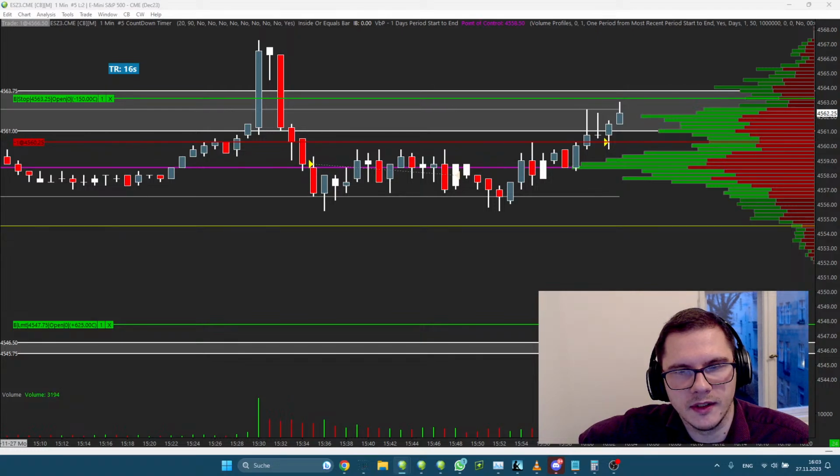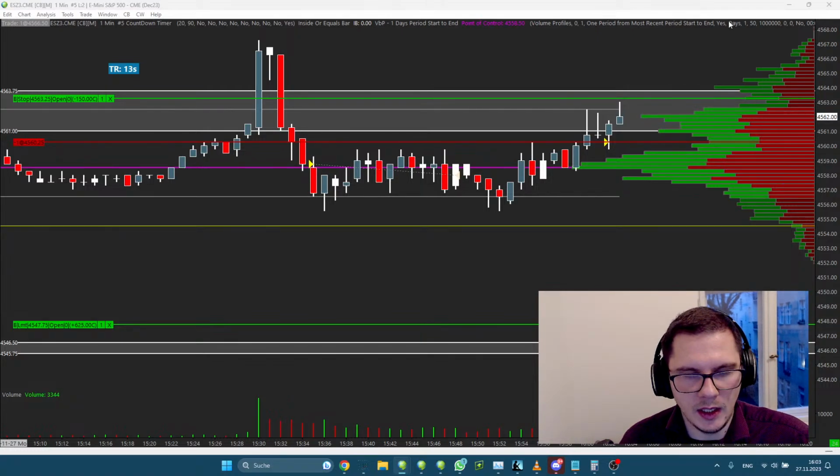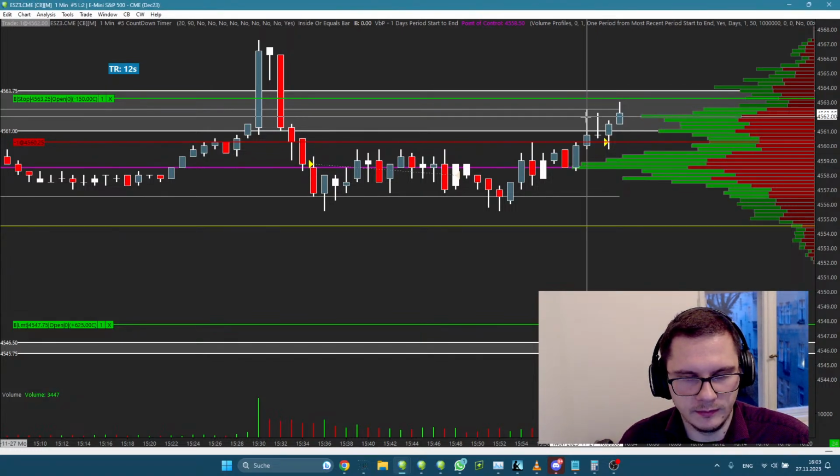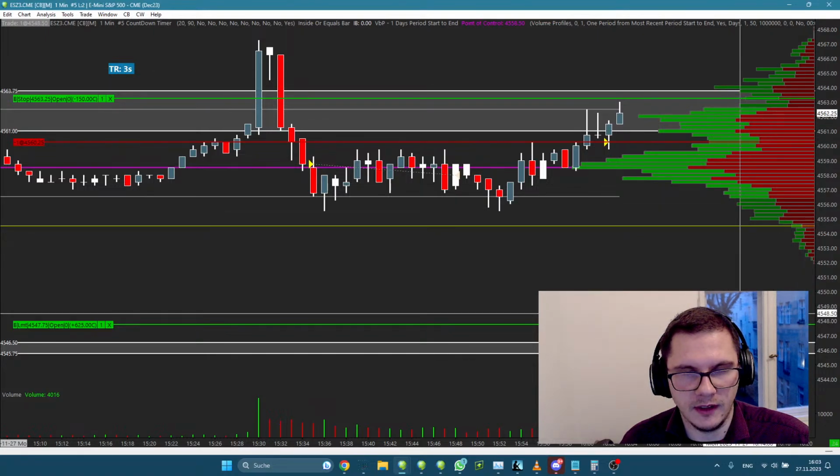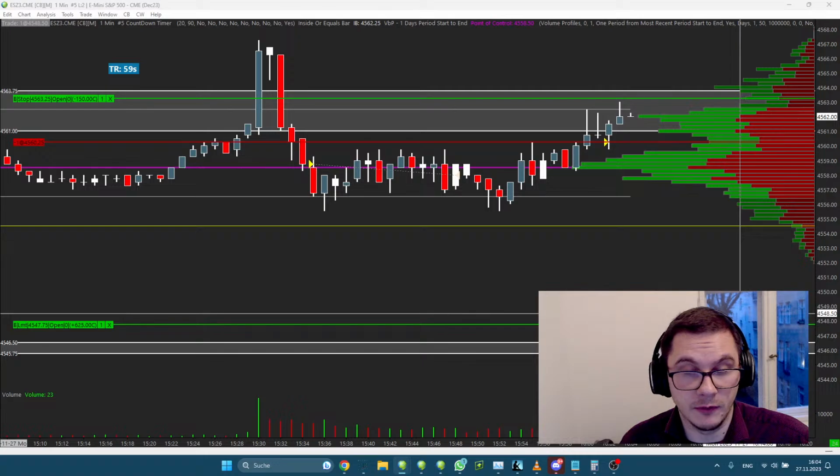No aggression to the long side and no aggression to the short side. We had a bit of aggression in this candle here. We defended this level here, this low volume area. And yet we do not have a lot of aggression to the short side. Unfortunately.